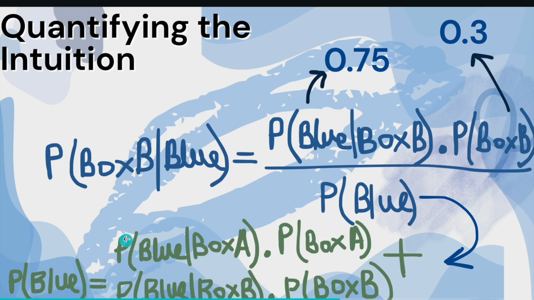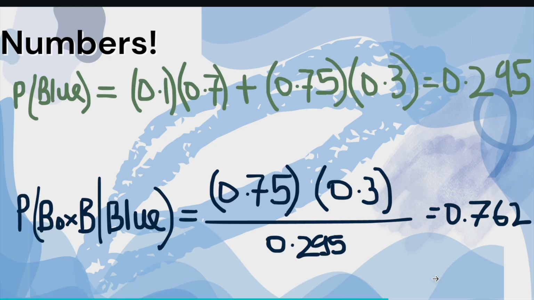So probability of a ball being blue given that it's picked from box A times probability of box A, and similar for box B. All of these values are known to us, so it's just plugging in the values and getting an answer. So the probability of any ball being blue irrespective of the box it's picked from is 0.295.